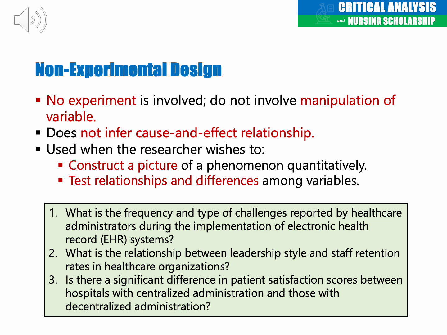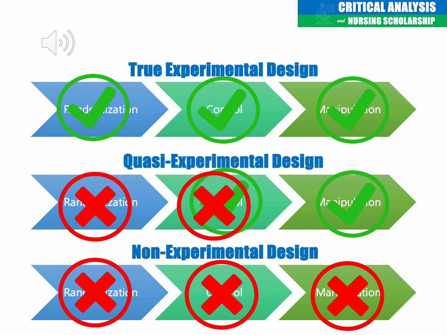On the slides right now are some examples of research questions that don't involve any manipulation and can be best answered using non-experimental research design. For you to be able to understand how non-experimental research design is different from true experimental design and quasi-experimental design, again, I want you to remember the 3 elements in experimental design: randomization, control, manipulation.